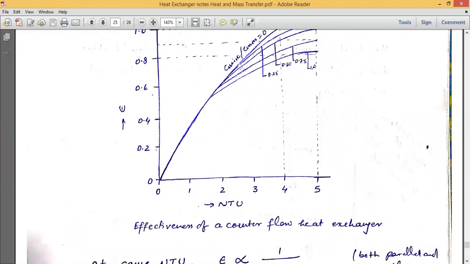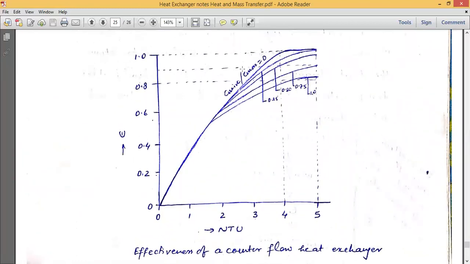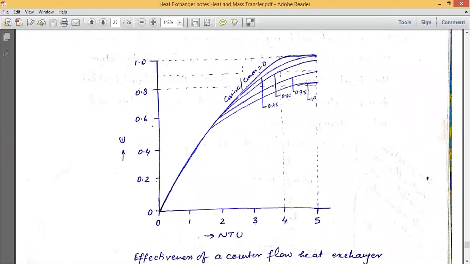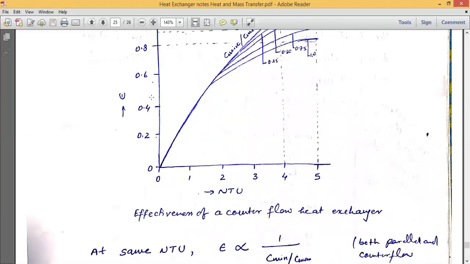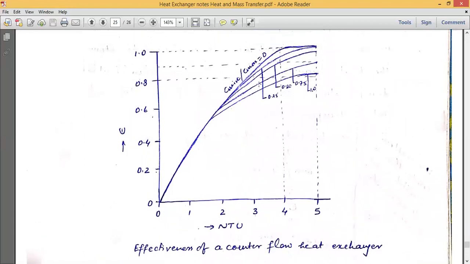Similarly, for the counter flow heat exchanger, we get this type of graph. What we observe here is that for the same NTU, as the C minimum upon C maximum ratio gets increased, the effectiveness gets decreased. Here also, for the same NTU, say we have taken a value of 4, as the C minimum upon C maximum value gets increased, the effectiveness value gets decreased.